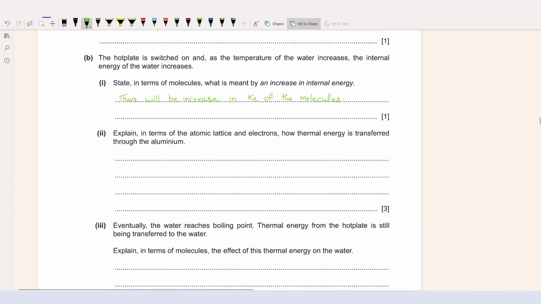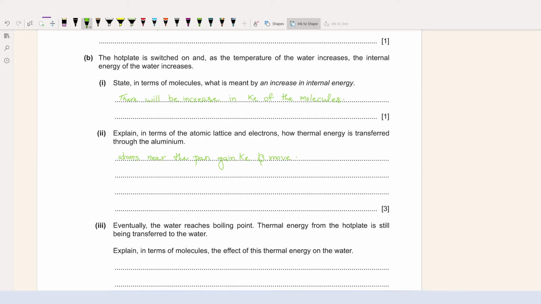Part 2 says explain in terms of the atomic lattice and electrons how thermal energy is transferred to aluminum. So we can say that atoms near the pan gain kinetic energy and move.